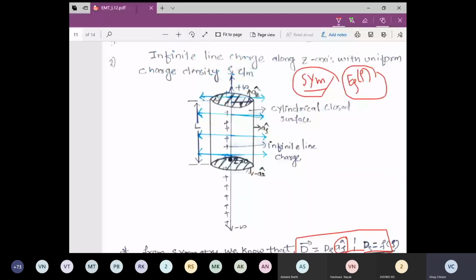If I choose a cylindrical surface, the blue line I have shown is the direction of the flux density, and this is the direction of the unit vector normal to that surface. For the side surface, the flux density is normal everywhere.